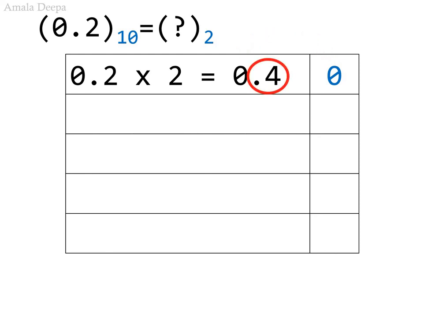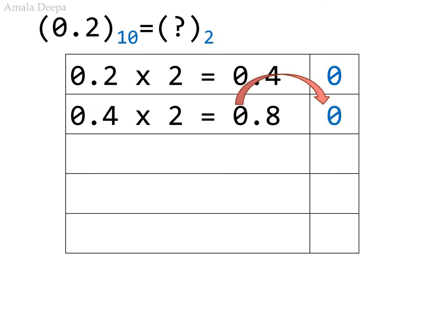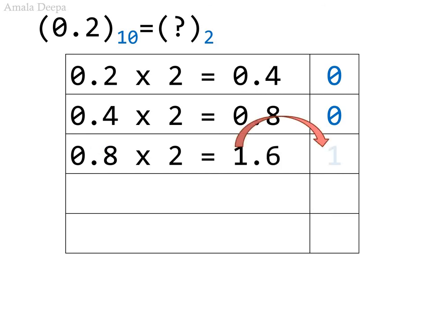Take 0.4 and multiply by 2, which is equal to 0.8. Once again, take the 0 and keep it aside. Take 0.8 and multiply by 2. It is 1.6. Here you take 1 and keep it aside. Take the fractional part, 0.6.